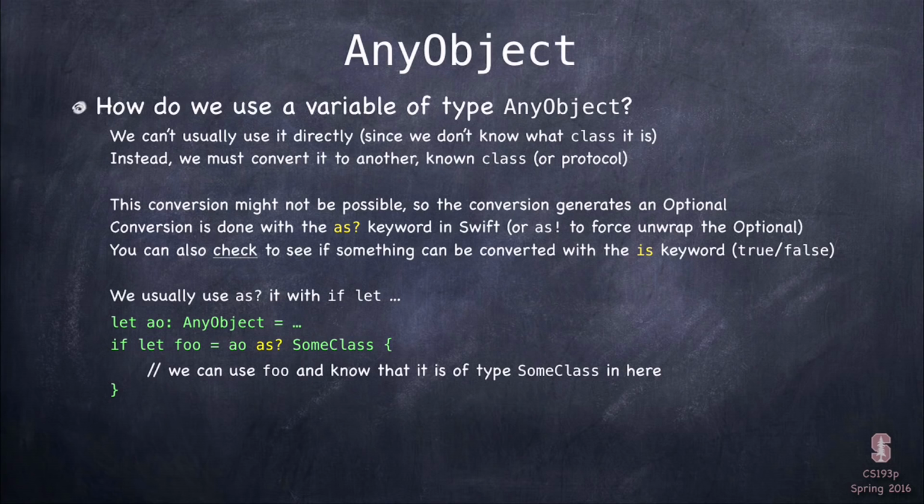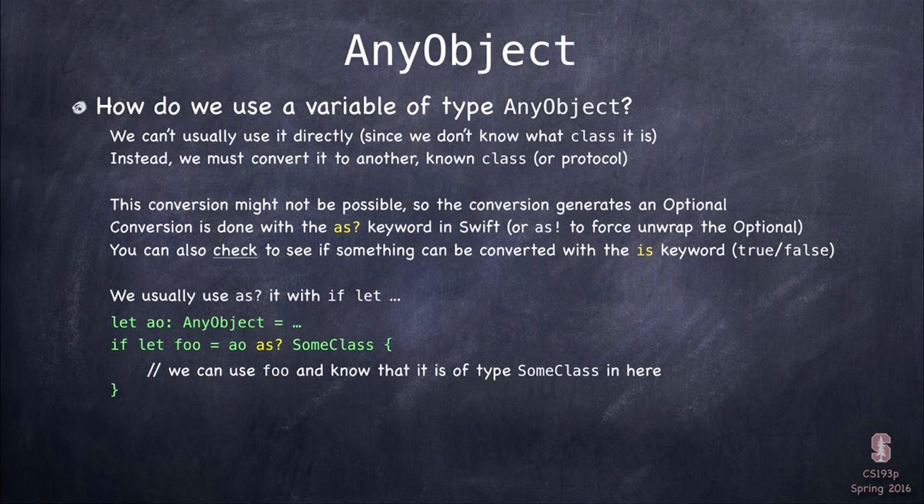So if I have this local variable here, ao, which is an AnyObject, and I've assigned it to some class, I don't know what it is, but I want to try and use ao as if it were of class SomeClass. ao might be of SomeClass, and I'm going to see if it is, and if it is, I'm going to use it as SomeClass.